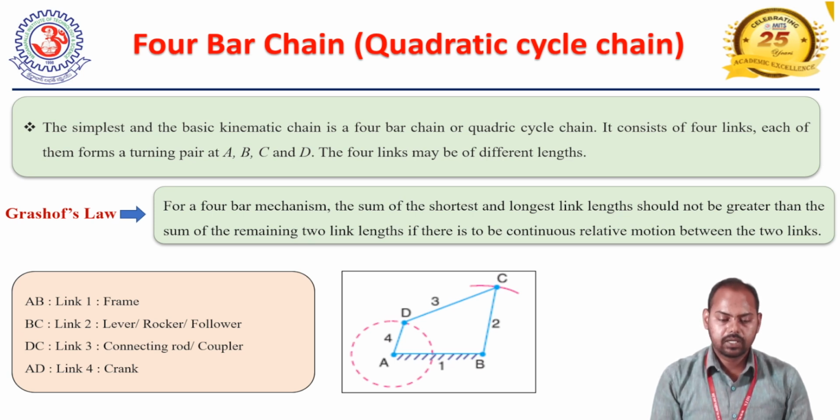In this category, Grashof's law is very important from the subject point of view. So what is Grashof's law? For a 4-bar mechanism, the sum of the shortest and the longest link lengths should not be greater than the sum of the remaining two link lengths if there is to be continuous relative motion between the two links.